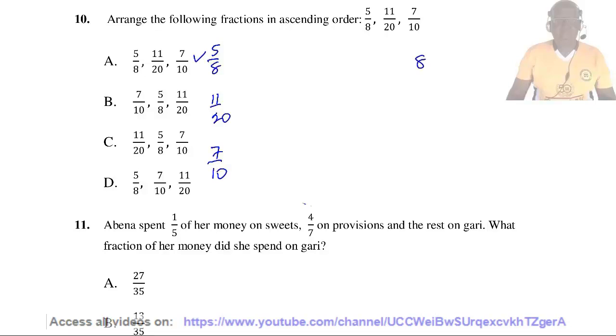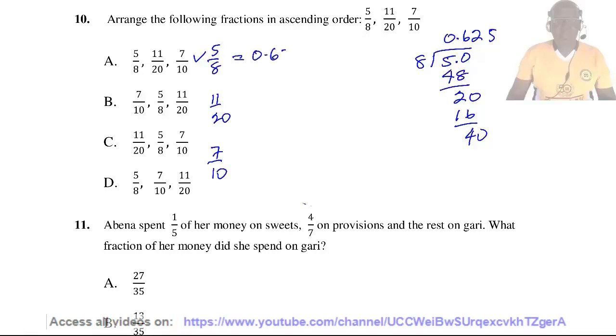So 8 into 5. 0 over here, 50. 6, 48. Carry 2, 0. Then 2, 16, 4, 0, 5. So this equals 0.625.